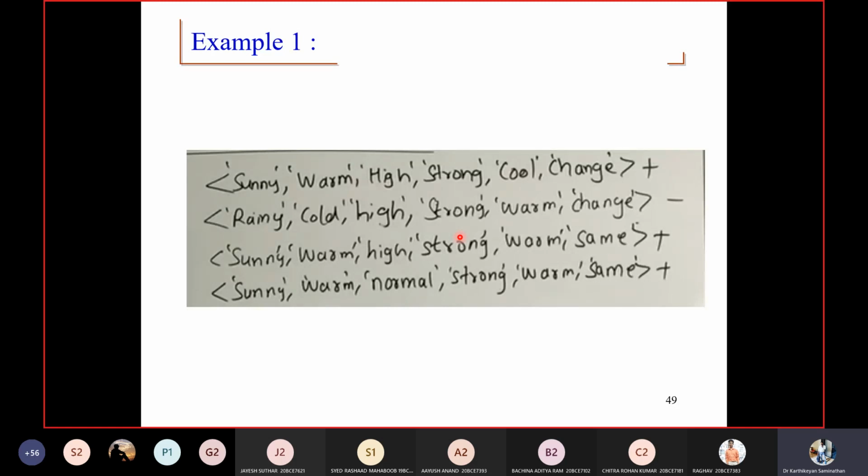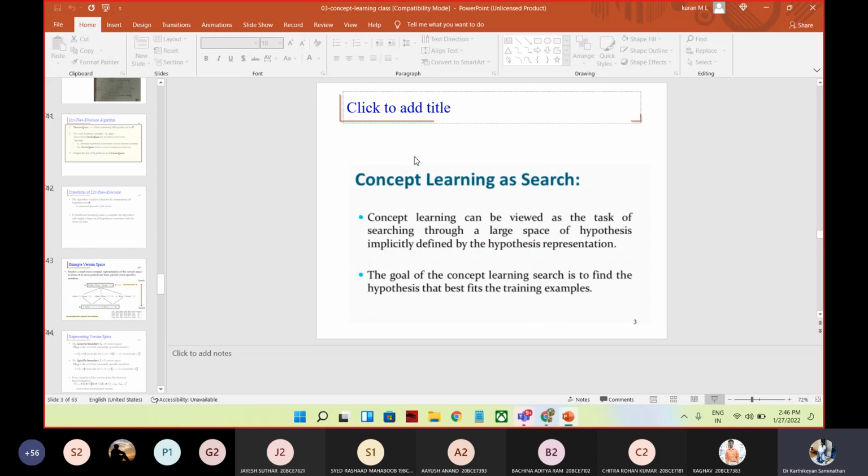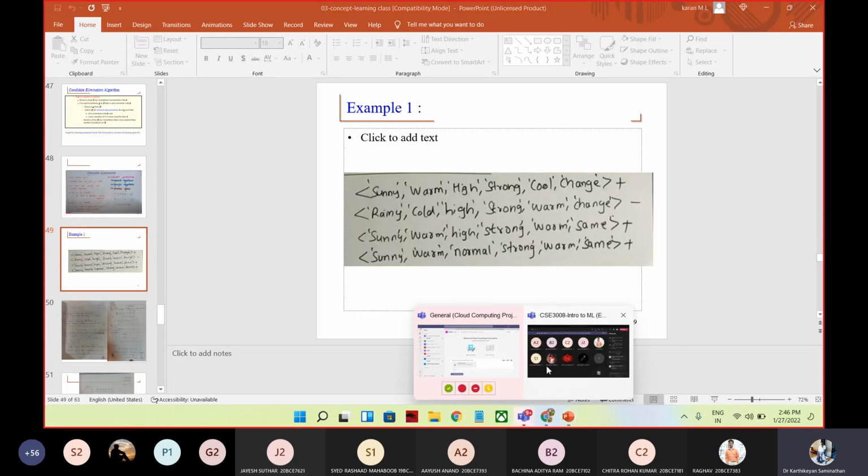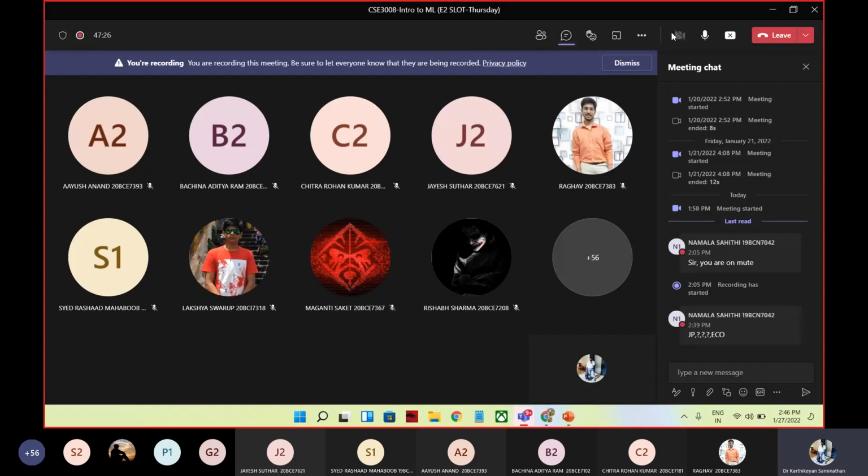Not program questions, only this type of problems. Tomorrow we will discuss the candidate elimination algorithm. Now I'll send you the code, both the data set and the code. You can try it out at home.